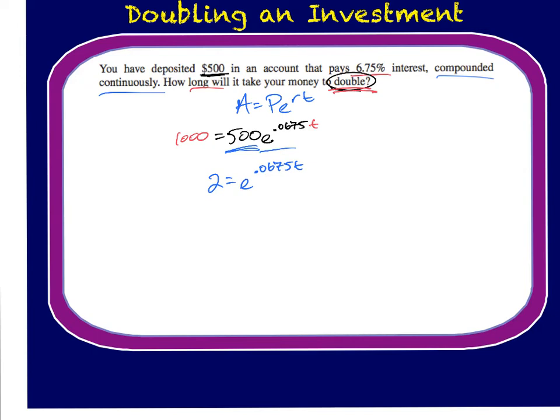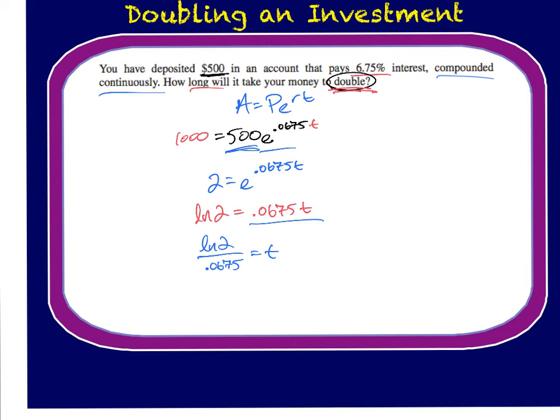So now what? I have an exponential form. Now I natural log both sides. So on the left side, I get natural log of 2 is equal to 0.0675 t. Now, what's my relationship on my right side? Multiplication. So we're going to divide. So now I have natural log of 2 over 0.0675.